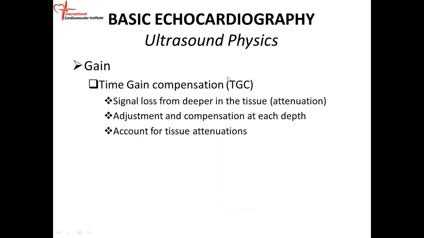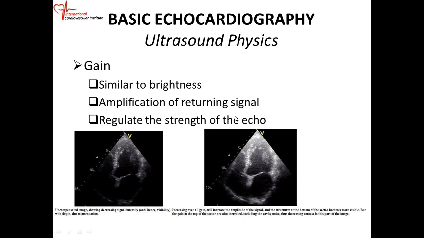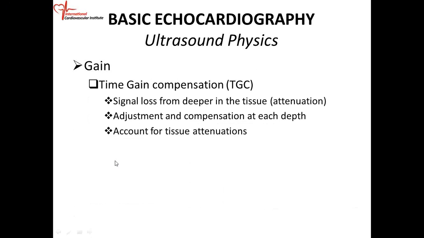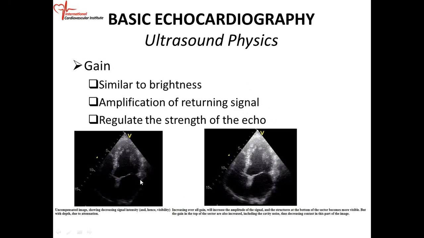Your TGC is what's going to help. So if you look at this image, you see that the poor image is for the distal structures. The rest looks pretty good. You can increase the overall gain, but it's going to cause everything to look bright.